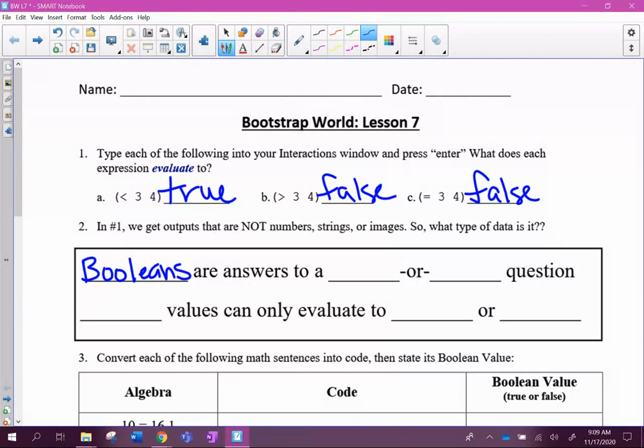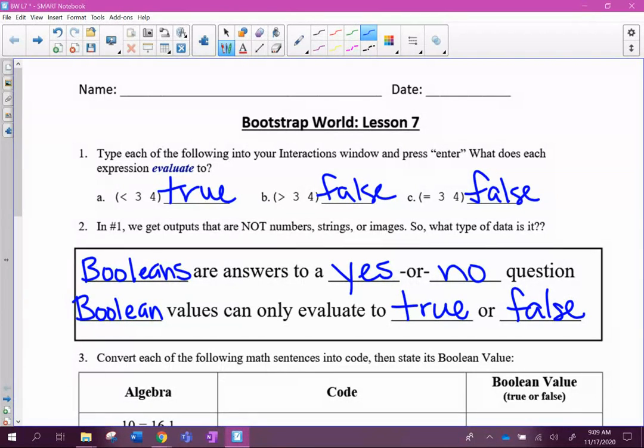And Booleans are answers to a yes or no question. Boolean values can only evaluate to true or false. So a Boolean will not be something that can't be used as a true or false answer. Okay?